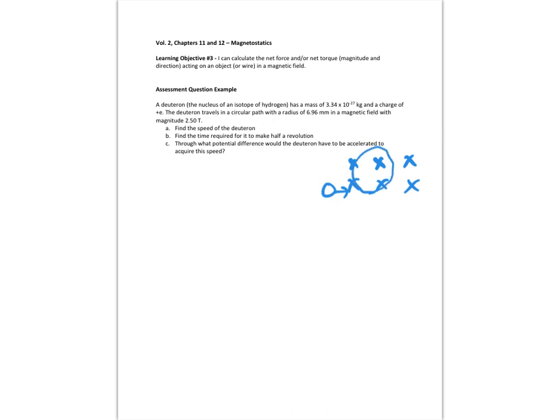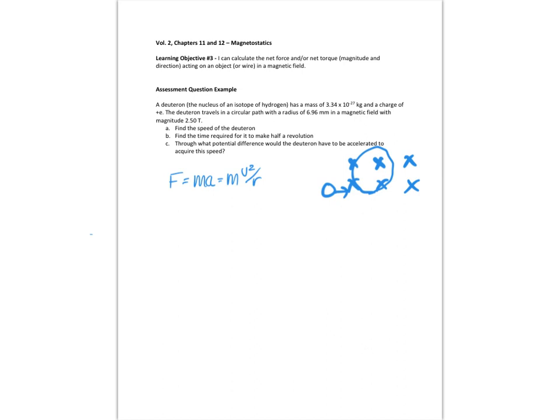One of the things that we talked about when we looked at that type of motion was that we were looking at F equals ma, but the acceleration of an object in a circle is centripetal acceleration. That was the basis of understanding the motion.